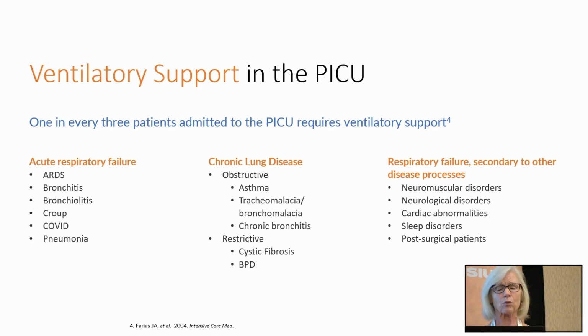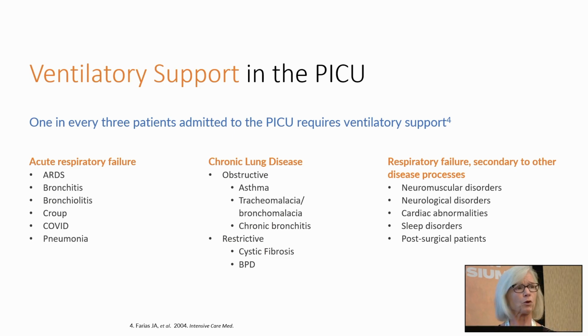They also come in with a lot of tracheal or bronchial malacias, and they've also got restrictive diseases such as cystic fibrosis, and ex-preemie populations will come in with bronchopulmonary dysplasia or chronic lung disease as a result of being born preterm and having that damaging positive pressure ventilation when they were babies.